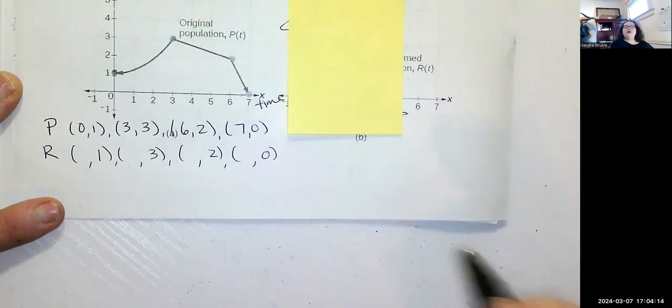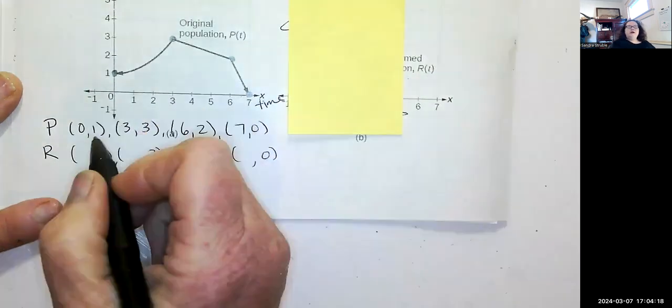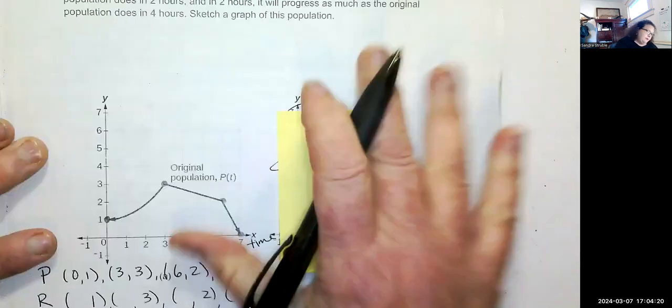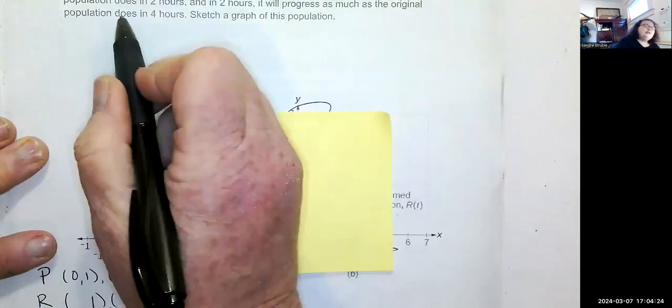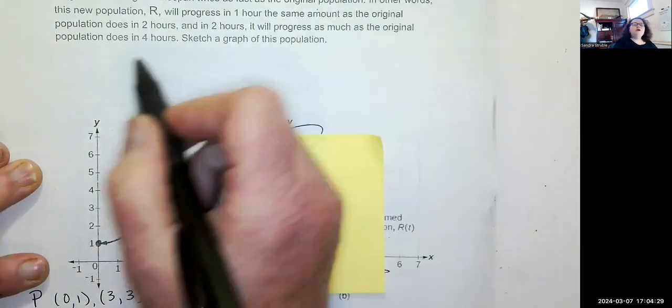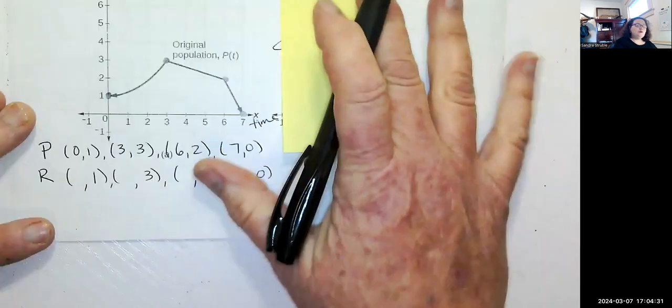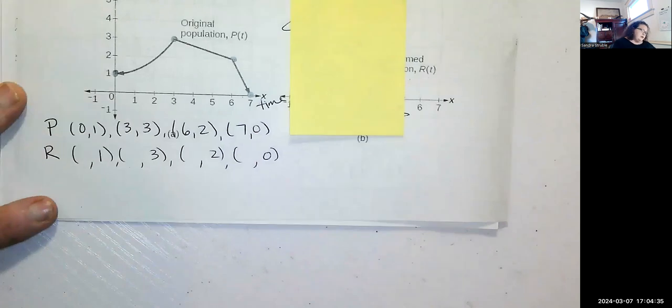What's going to change is my x values, which are my time values here. And they're telling us that R will progress in 1 hour the same amount as the original population does in 2 hours. And in 2 hours, as much as it does in 4. So it's cutting the original in half.